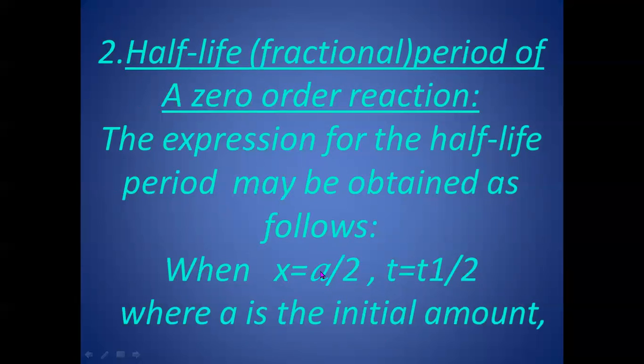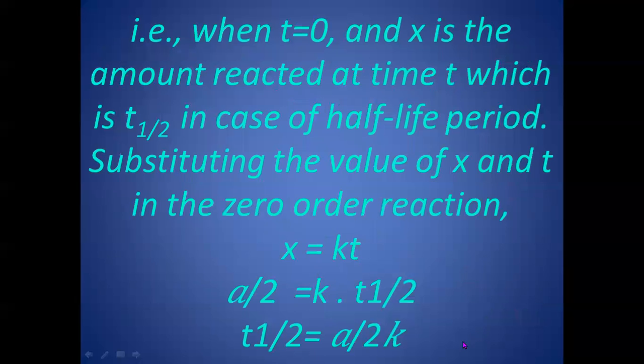Let the original concentration of the reactant be a, then x will be a by 2, and t can be written as t half, where a is the initial amount and t half is half time when t is equal to 0, and x is the amount reacted at time t, which is t half.